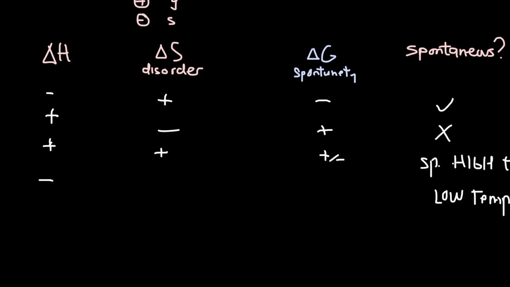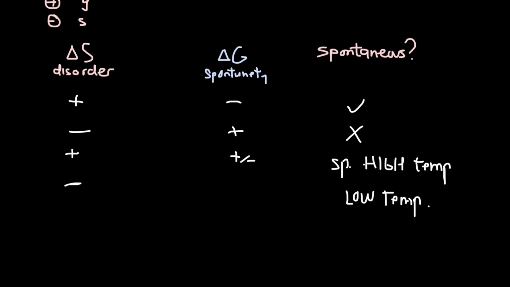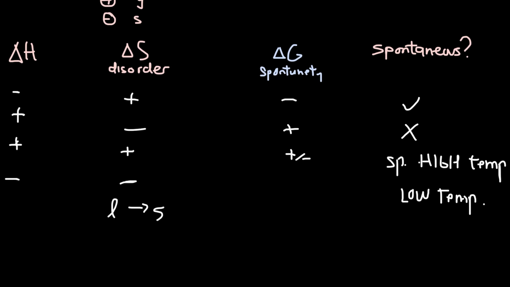Okay, and disorder would have to be negative because you are being less disordered, more condensed, and that would be associated with low temperatures. So for example, liquid to solid happens at a low temperature, and that is exothermic, yes, because you're cooling the system, and spontaneity can be positive or negative as well.